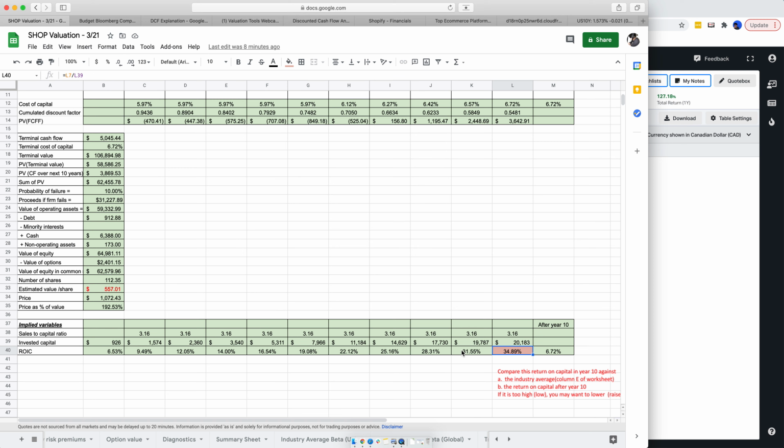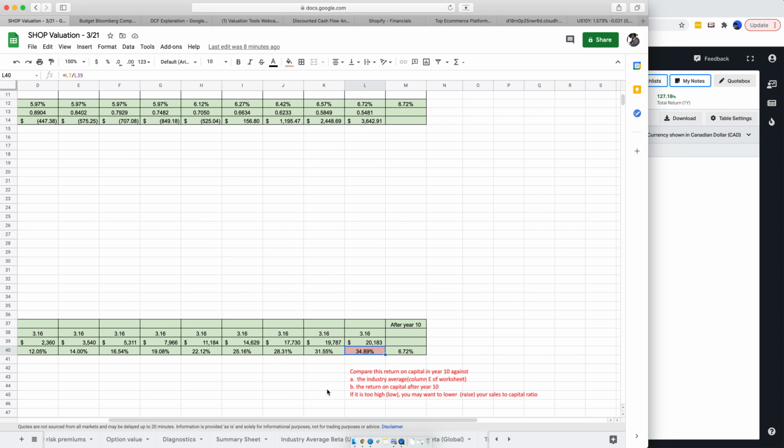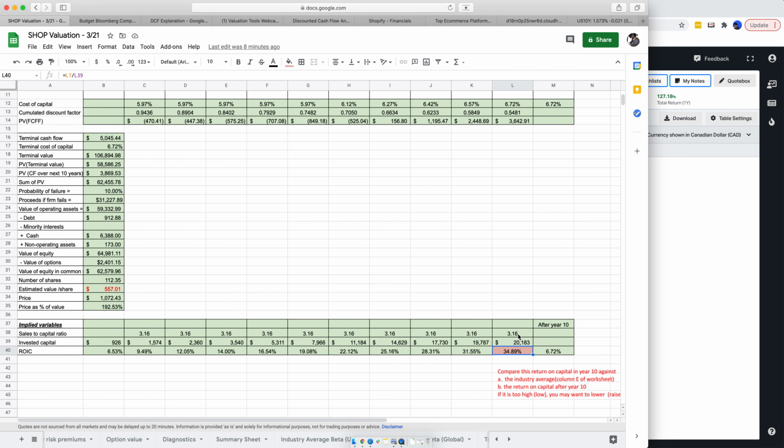So maybe that is a sign that something looks a little off here. If it is too low, you may want to lower your sales to capital ratio. You can do a bunch of debugging on your own to sanity check and see if you think this makes sense.